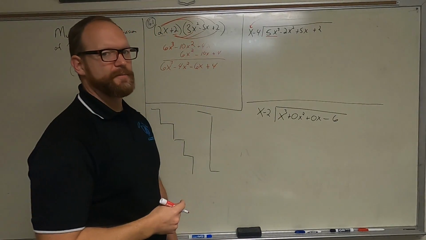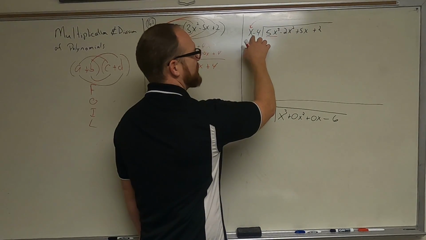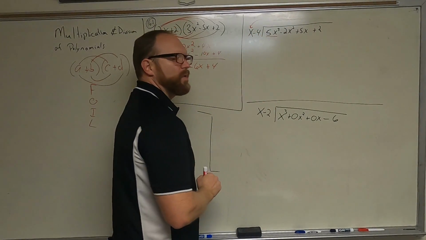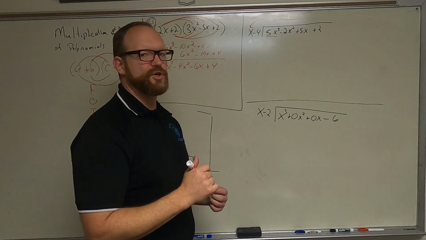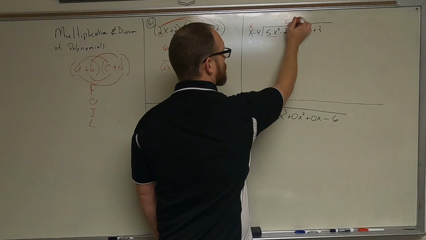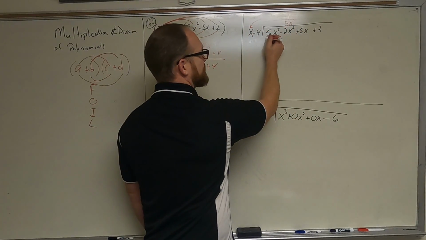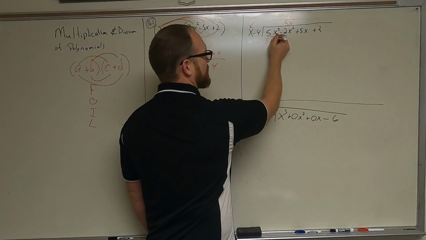You say, what are you talking about? Well, I need something times x that equals 5x cubed. What times x equals 5x cubed? Well, hopefully you said 5x squared. 5x squared times x is 5x cubed.